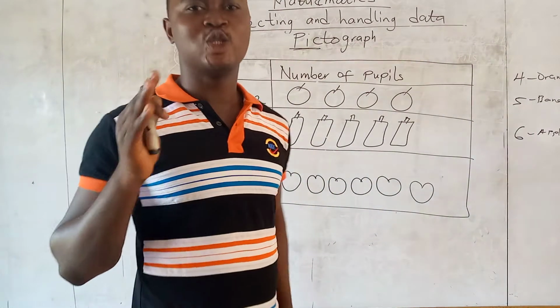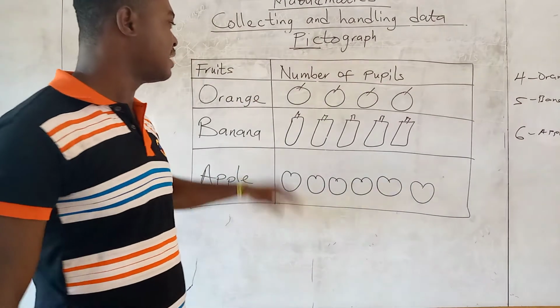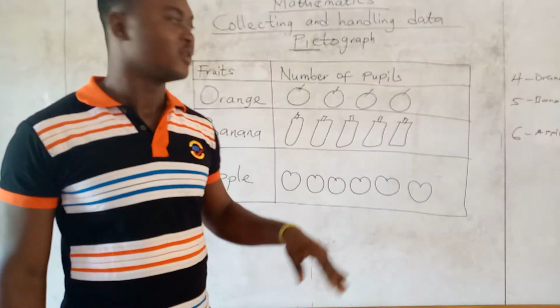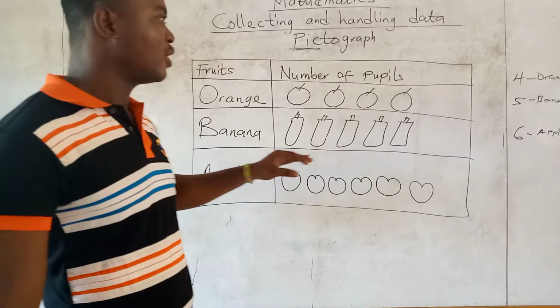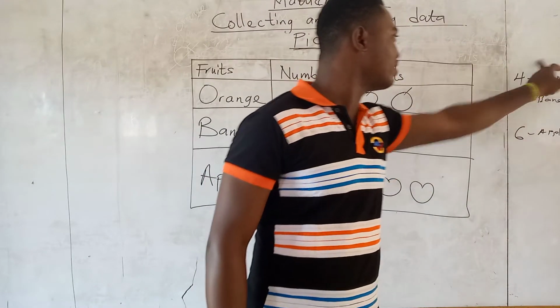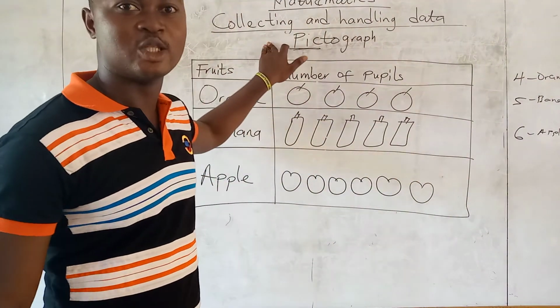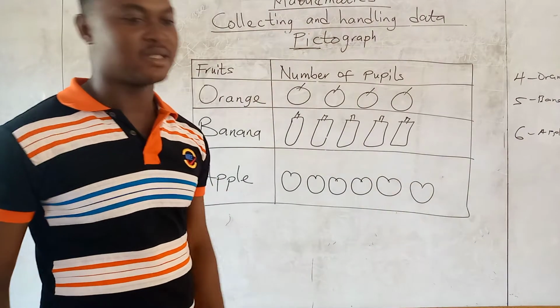Now the next thing we are going to look at is how to represent the data on a graph. Because this is the main concern, I'll leave this one, clean this one and use this place to draw our graph.